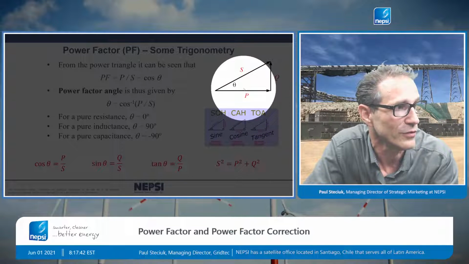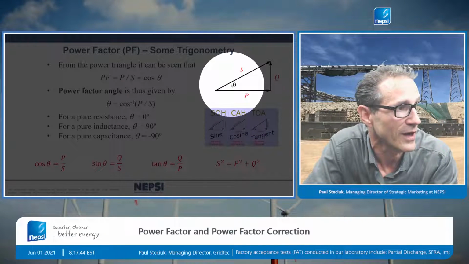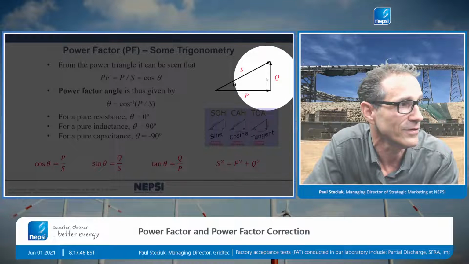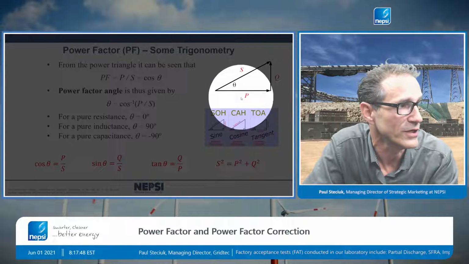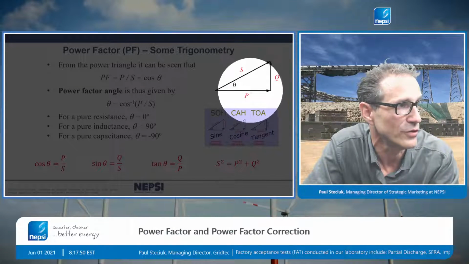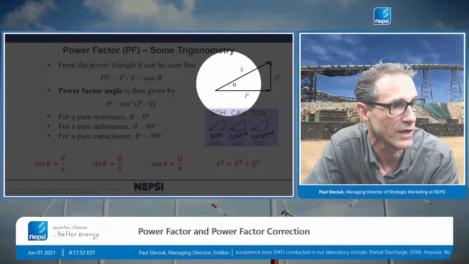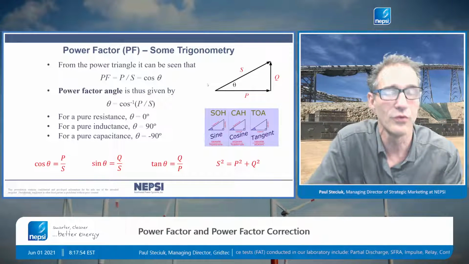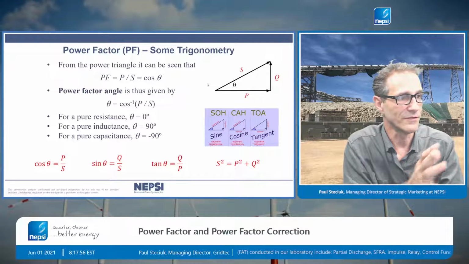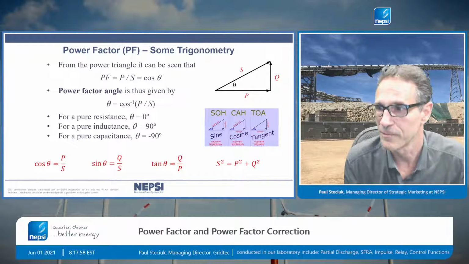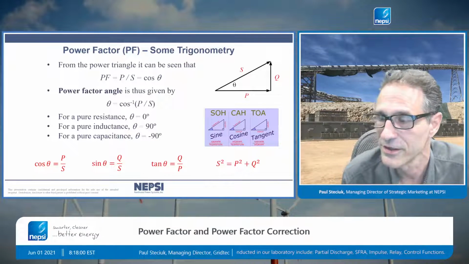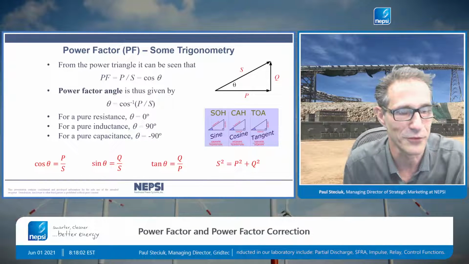So if you've got the tangent of this angle, it's equal to the opposite, the reactive power Q, over the adjacent, which is the power P. So Q over P is equal to the tangent of the angle. You could derive a whole host of equations from SOHCAHTOA. Nobody's hit it in the chat box yet, but have you seen SOHCAHTOA?